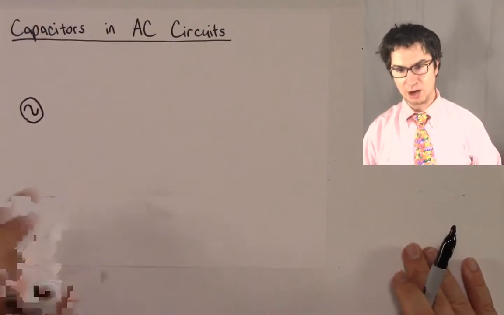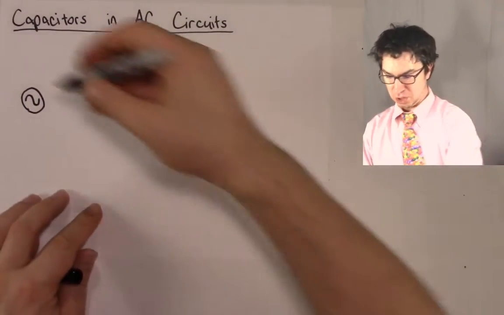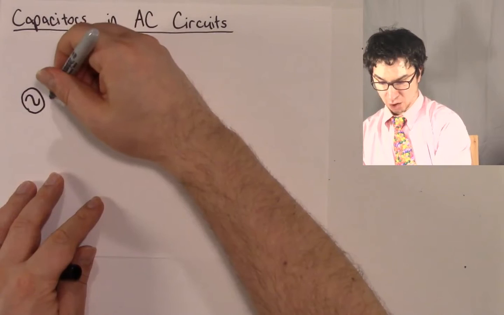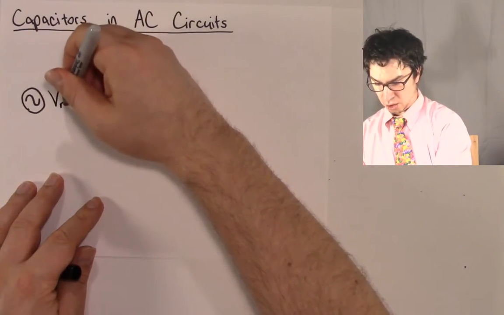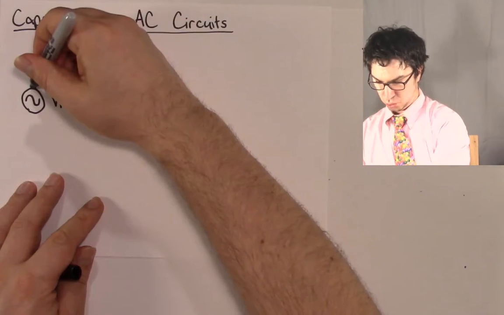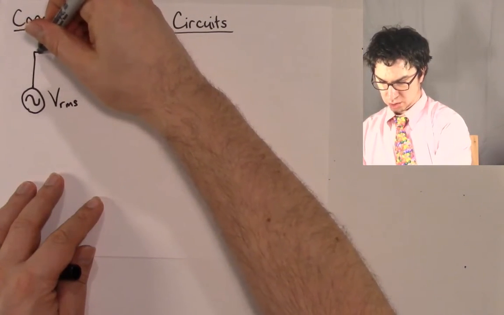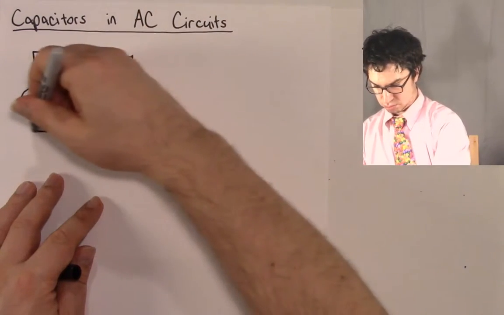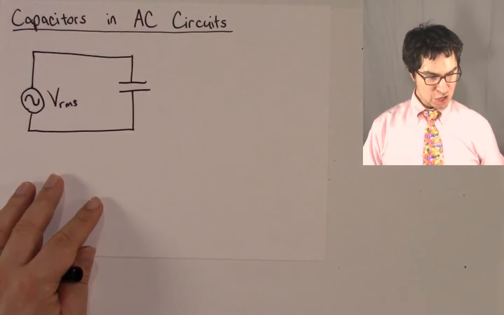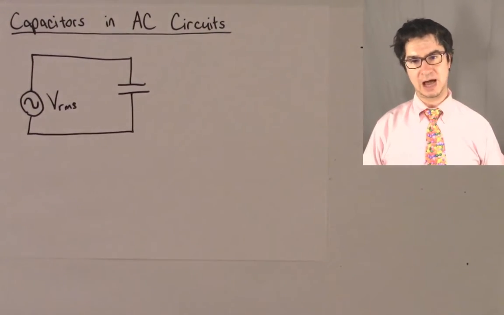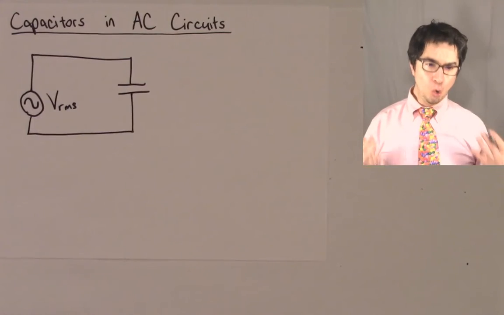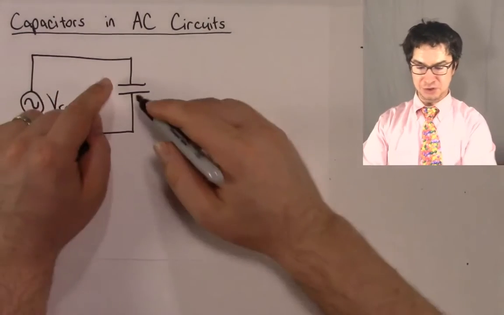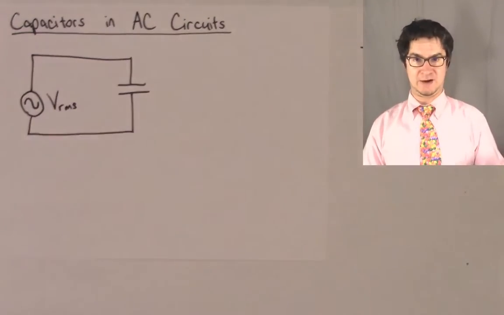Okay? So now we're going to draw a standard circuit. So with our AC source, and this is going to have a V RMS, so if you want to label V RMS, we're going to say, okay, let's put a capacitor in this circuit. Like that. Okay? And let's talk about how you would charge this capacitor. Ordinarily, if you hooked up a battery to the capacitor, time would go by, the charge would develop on the plates, and everything would be fine.